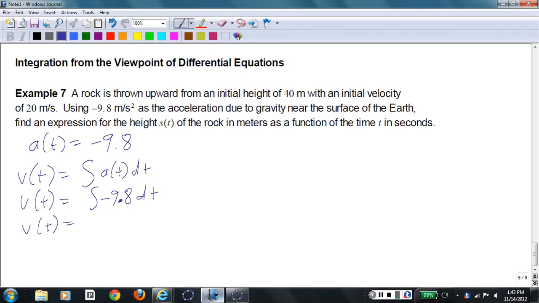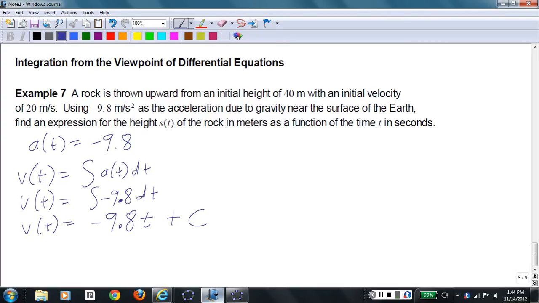We take the derivative of e to a power, and what you get is a constant times that expression. I'm just thinking just a plain old constant. What types of functions have constant slope? A line. So a linear function is what we need. So how about negative 9.8t plus c?